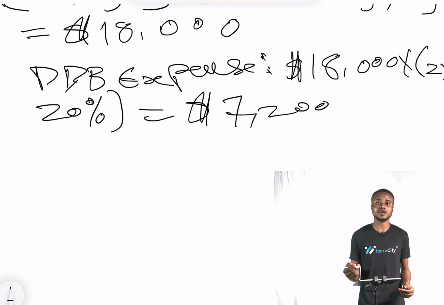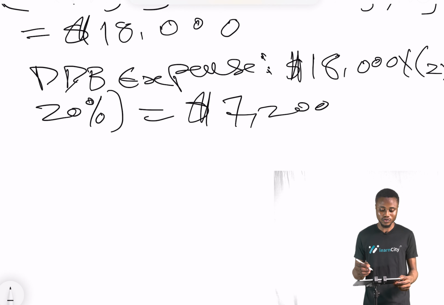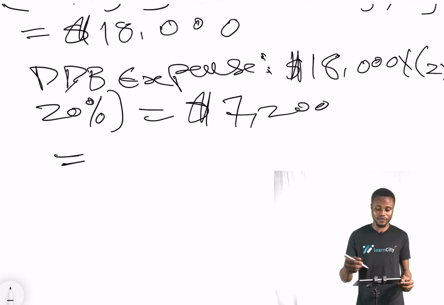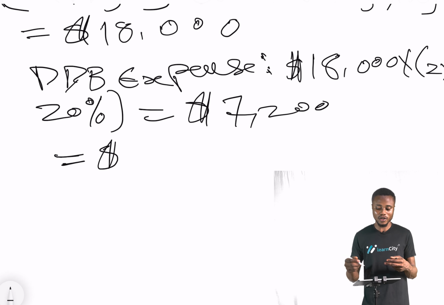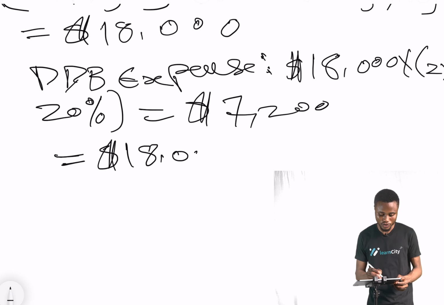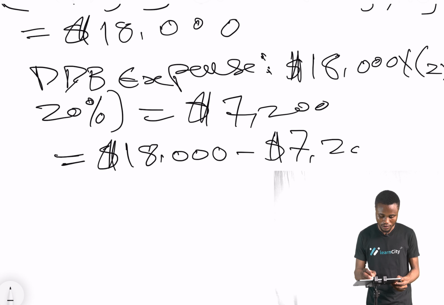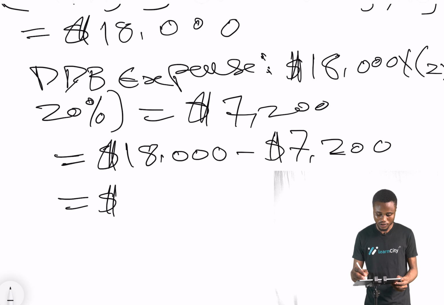For you to get the actual value now, what you just have to do is minus the carrying value from year 2 that we carry to year 3, minus the new balance we just got for this third year. It will be 18,000 US dollar minus 7,200 US dollar.